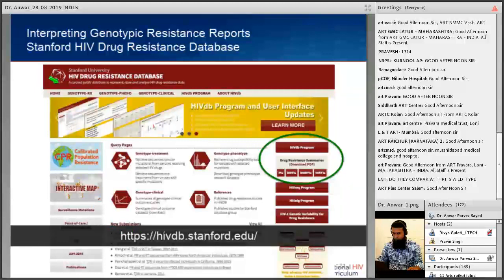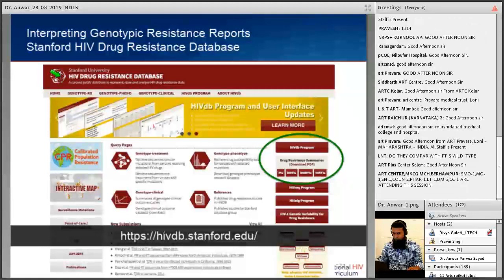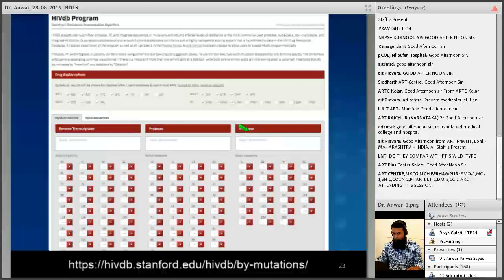Once you click this in Google Chrome or other search engines, you will find this page will appear, and then here there is the HIV DB program. If you click on this, it will take you to the genotyping HIV DB program. So here you have different cells for entering the mutation reports, like reverse transcriptase mutations, protease mutations, integrase mutations.